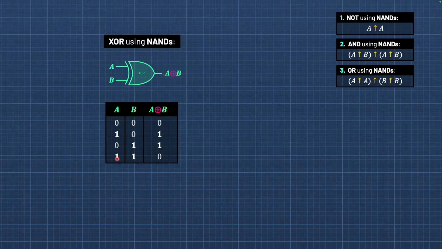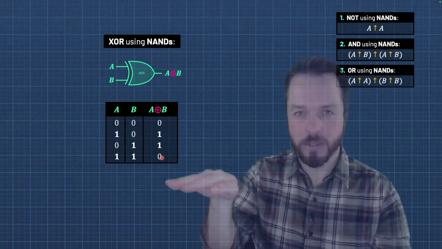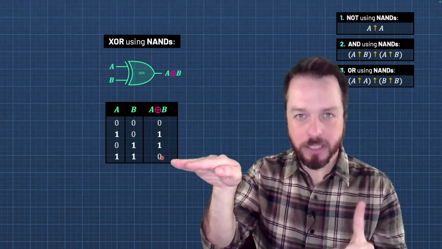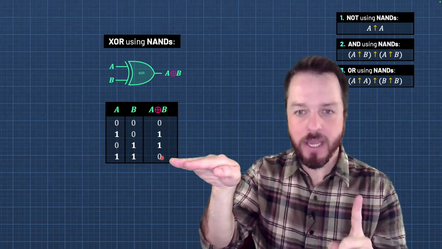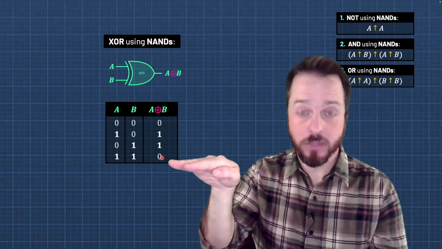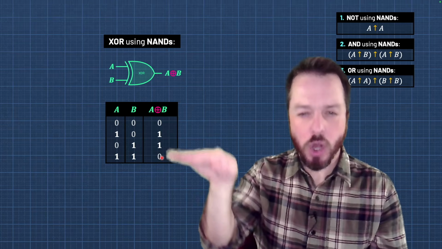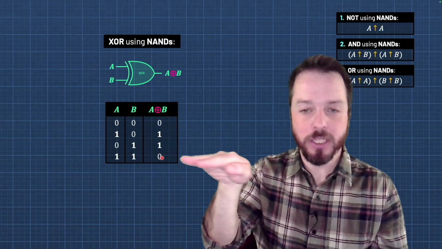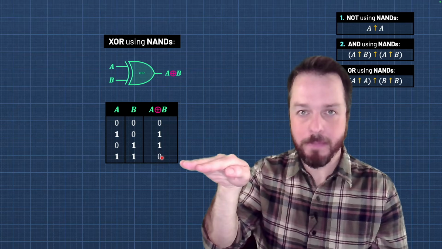But if both A and B are 1, the XOR is false. Do you see? It excludes the possibility of both A and B being 1 together. So this is the exclusive OR. It's almost like an OR excluding the possibility of both inputs being true at the same time.